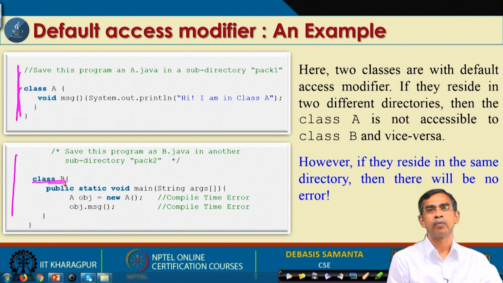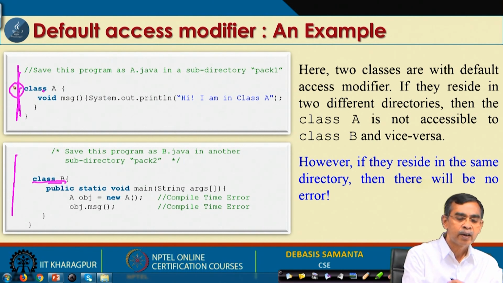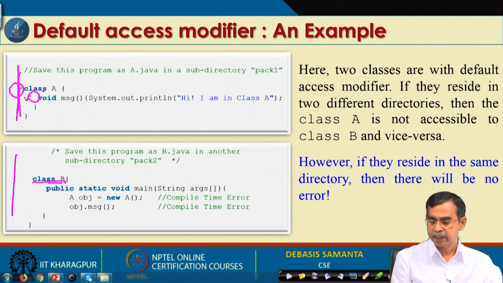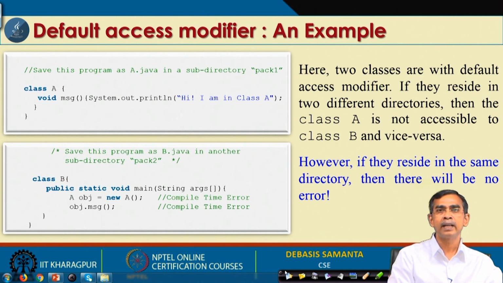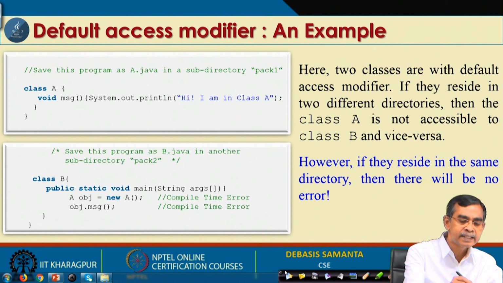Now, here you can note two things. The class A that we have declared here does not have any specifier, nor does this one. So, both have no access specification. In other words, an access specifier can be prefixed before the class declaration, before a method, and before a data member. In this case only the class and one method are there, so we can specify the access specifier on either or both.